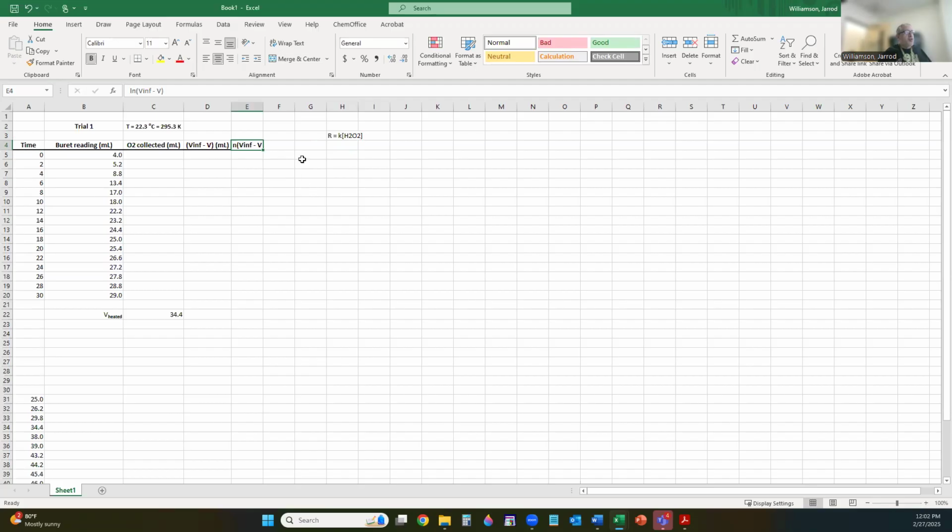And you're just going to trust me that that is a good proxy for the natural log of H2O2 at any point in time equals minus kt plus the natural log of H2O2 original concentration.